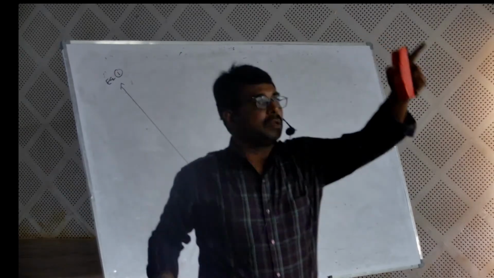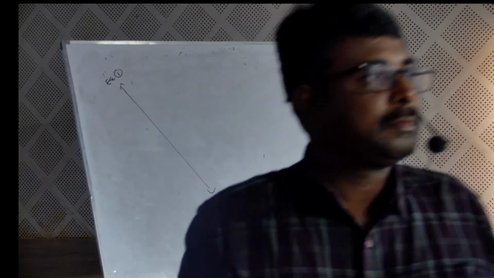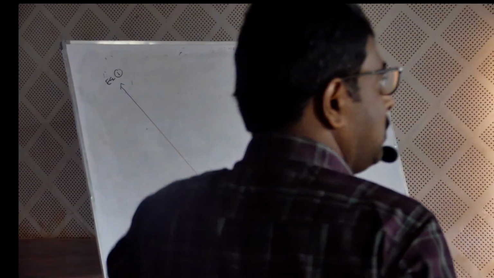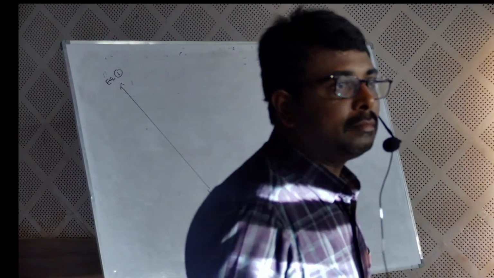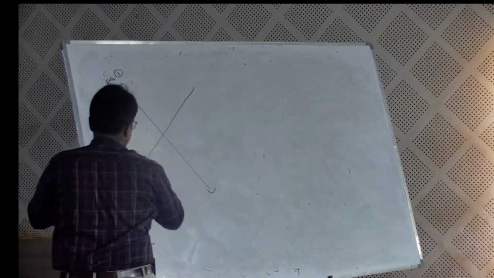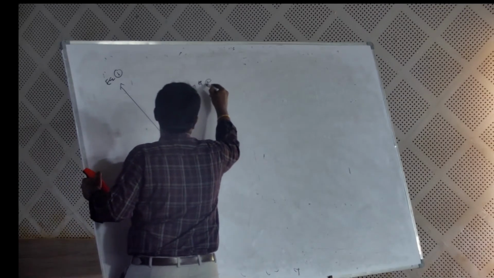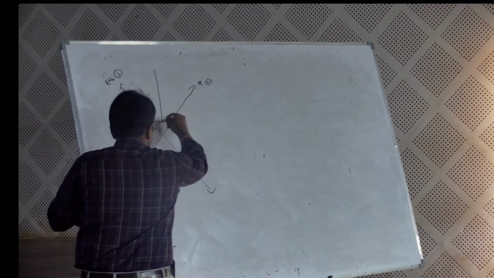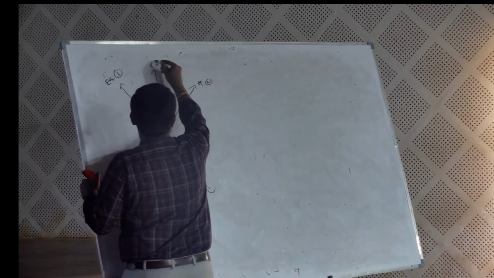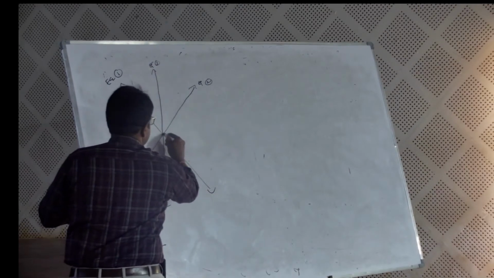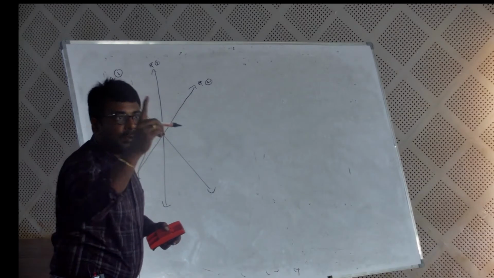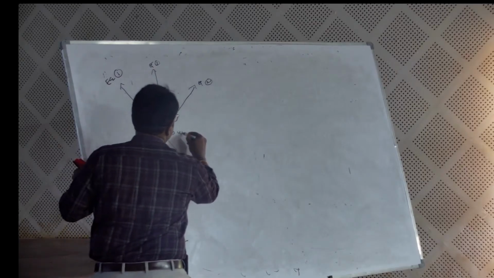Suppose equation 1 represents this particular line, like x plus y plus z equal to 6, equation 2 represents this particular line, and equation 3 represents this particular line. Now tell me, all three equations intersect at how many points? One point. This is a solution and this is called a unique solution.